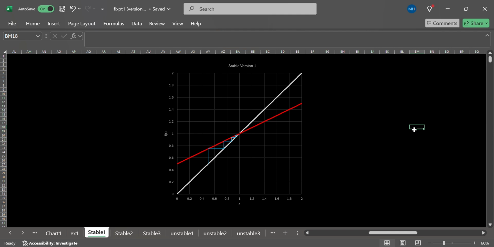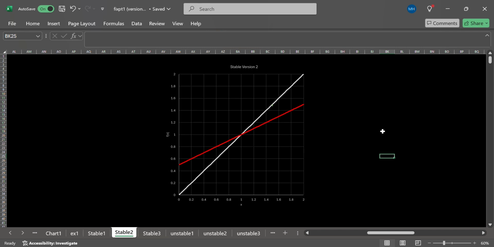example. We could have started on the other side, by the way. We could have started above the fixed point. We could have started at 1.5. We'll do that example next. So here we're starting at 1.5, and we'll go down to the red curve and then to the left.